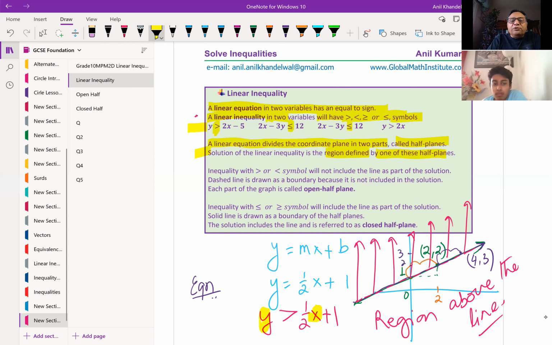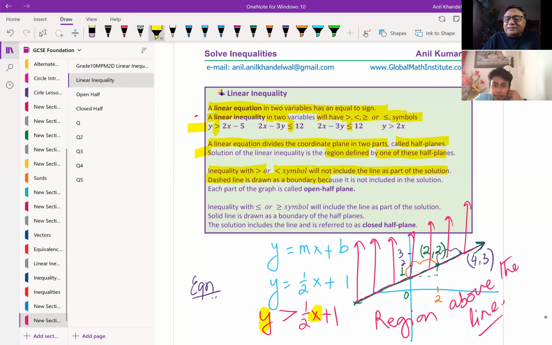Right. So inequalities with greater than or less than symbols will not include the line as a part of the solution. If there is no equal to sign in the inequality, then the line will not be included. Okay? Okay, sir. In that case, a dashed line is drawn as a boundary.